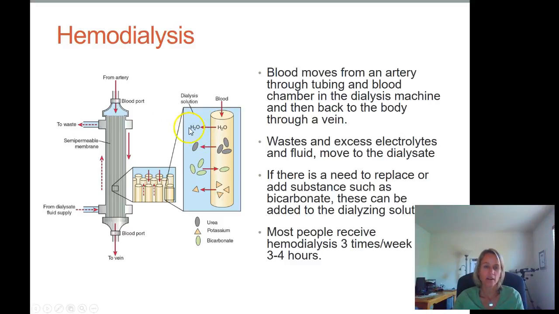And if there are any needed substances the body needs, we could put that in the dialysis solution. Wastes and any excess electrolytes, such as potassium, are going to move out of the blood into the dialysis solution. Now, most people are going to receive this hemodialysis 3 times a week, and it takes about 3 to 4 hours at a time. So they can do this at a dialysis center.